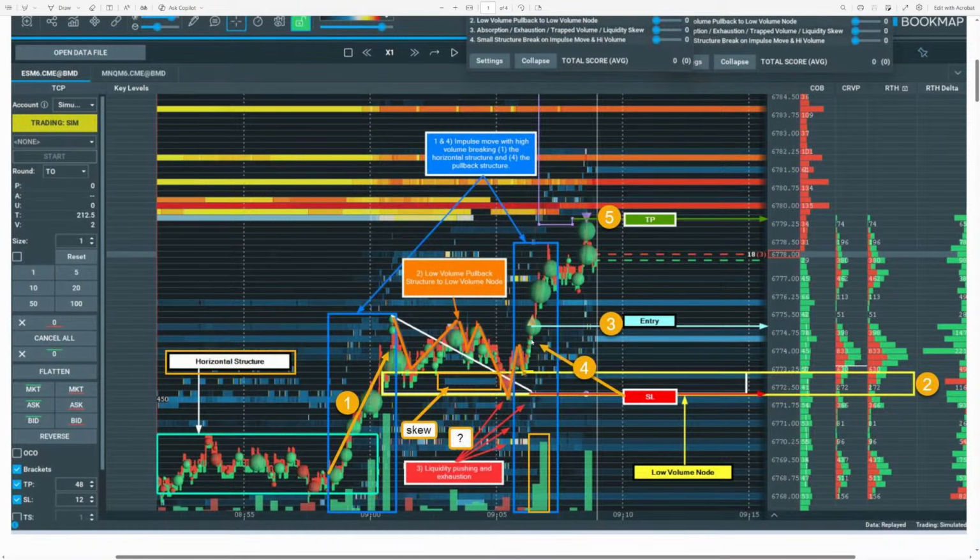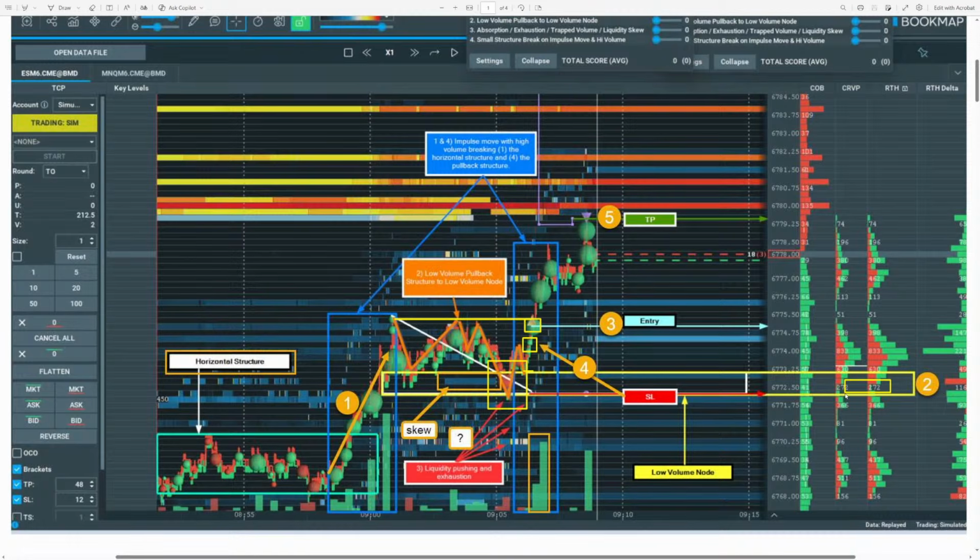Now your entry is fantastic. If you even waited until, because this is not quite enough in here, this is telling you something though, and we're at the top of the range. It is ready to go now, and it's tested here. It rejected here.